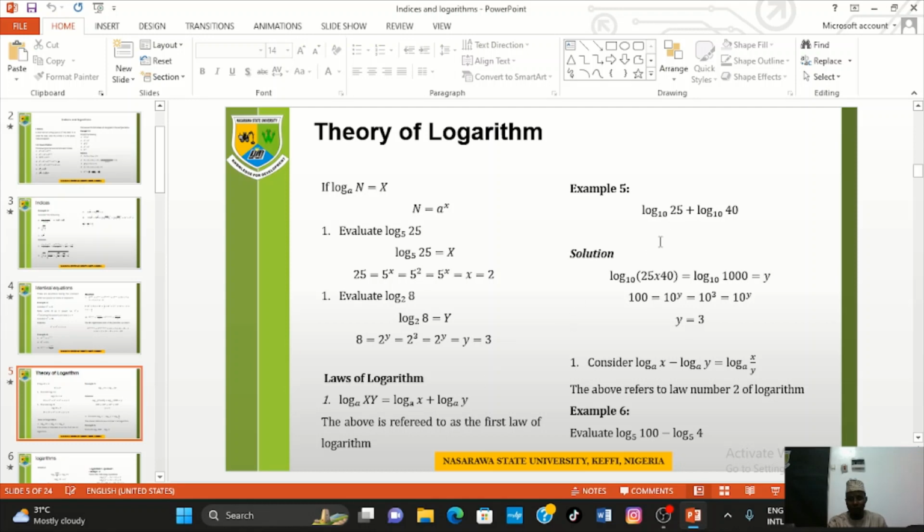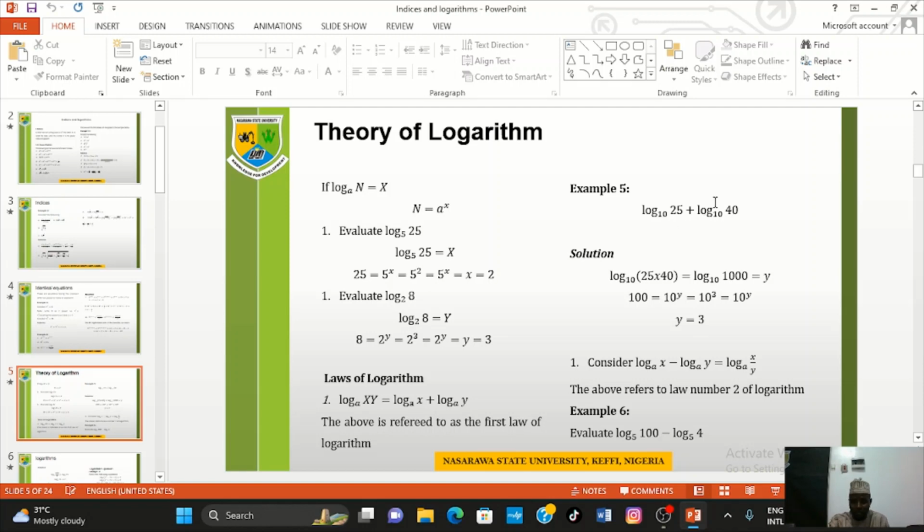Now, an example under that. Take for instance log 25 to base 10 plus log 40 to base 10. In this case, it is given as separate logs. As it is given in this addition, we can transform it to the form of multiplication.